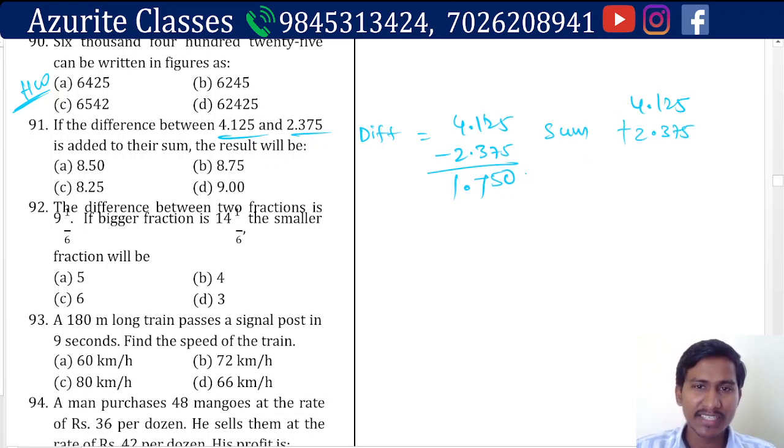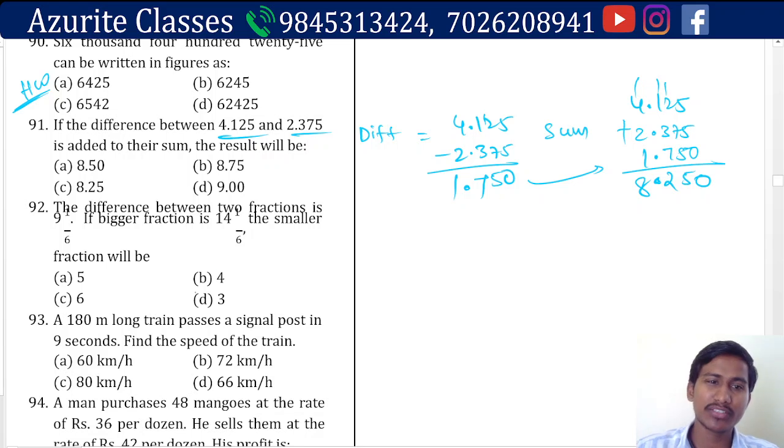So I am adding directly with that sum. 1.750: 5 plus 5 is 10 carry 1, then 3 plus 7 is 10, 10 plus 5 is 15 carry 1, and then 5 plus 7 is 12. So 12 carry 1, point as it is, then 5 plus 3 is 8. 8.250 means option B, okay.